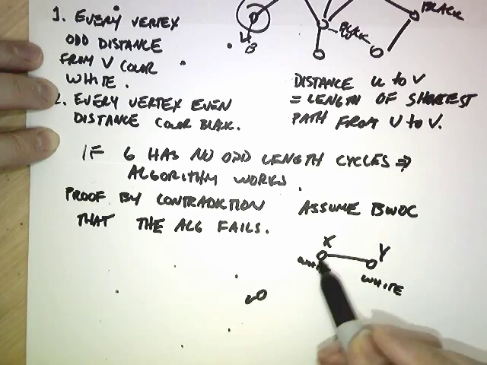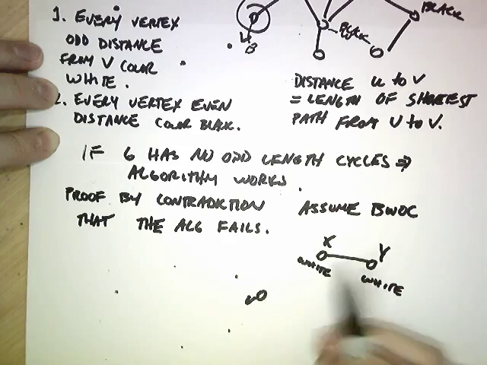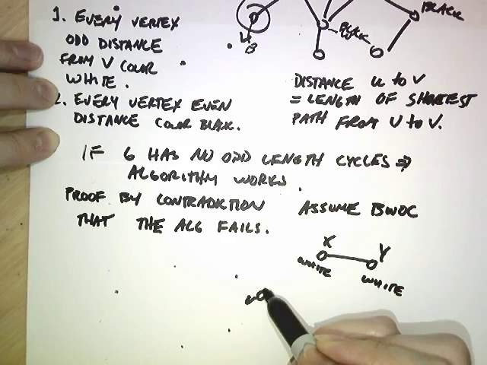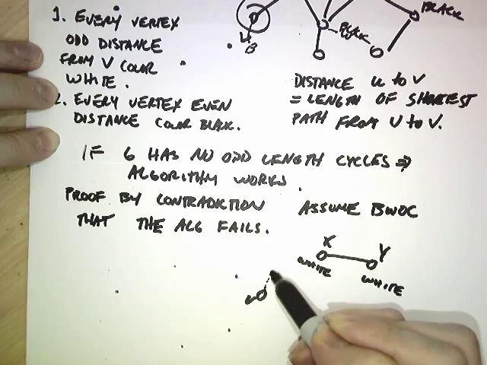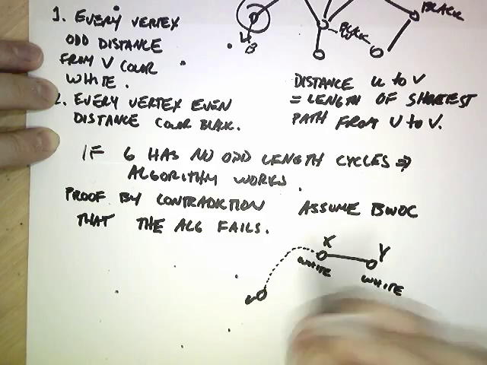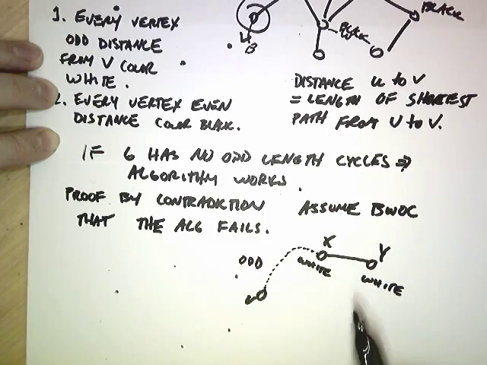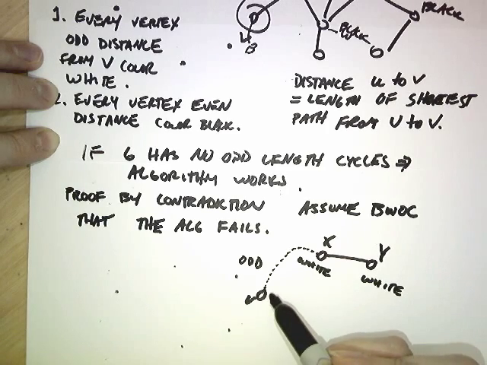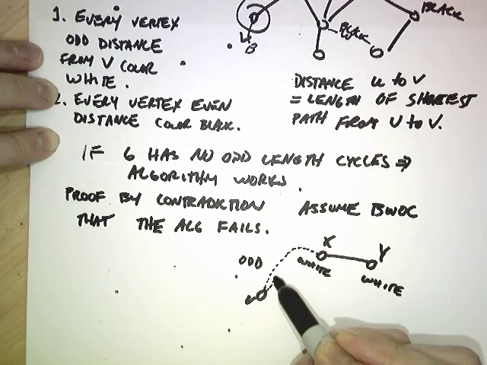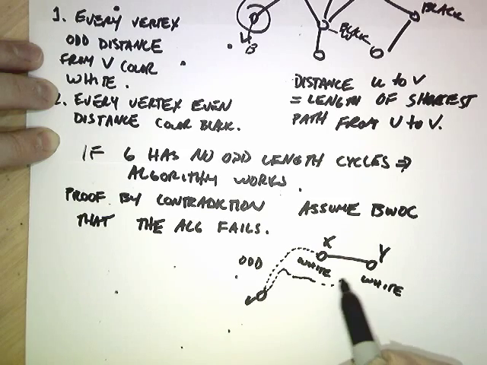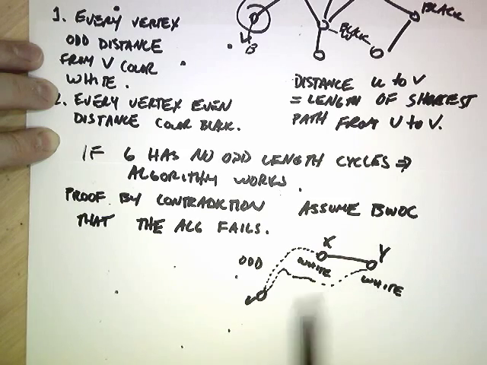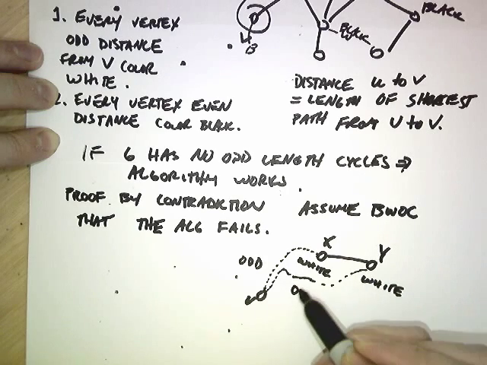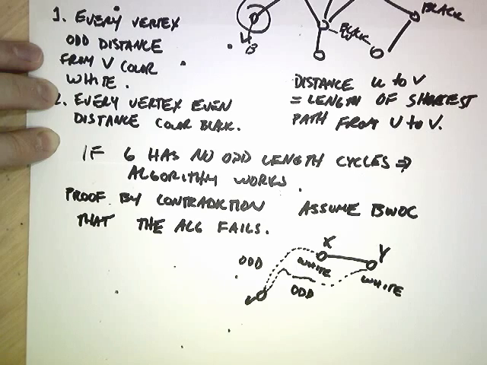Okay, well, if x got colored white, it means that the shortest path from v to x had odd length. Remember, everything that gets colored white has odd length. If y got colored white, that also means that the shortest path from v to y had an odd length.